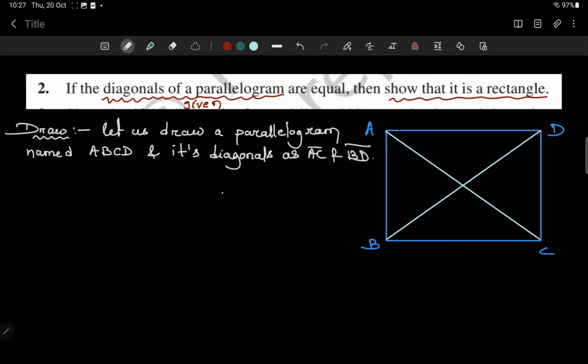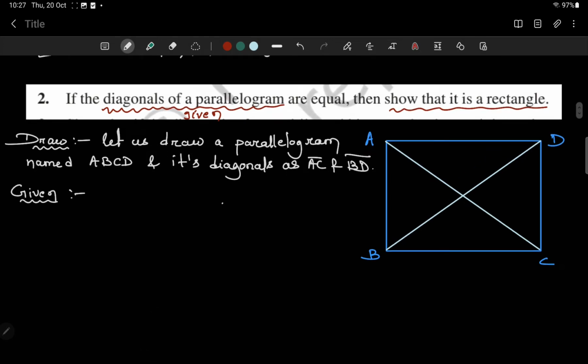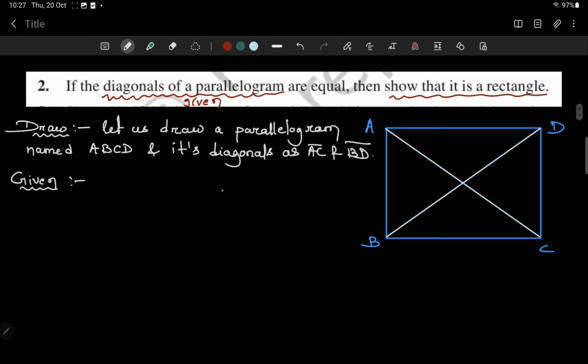Okay, we drew that. Now we will write the given data. What is given here? Given that it is a parallelogram.